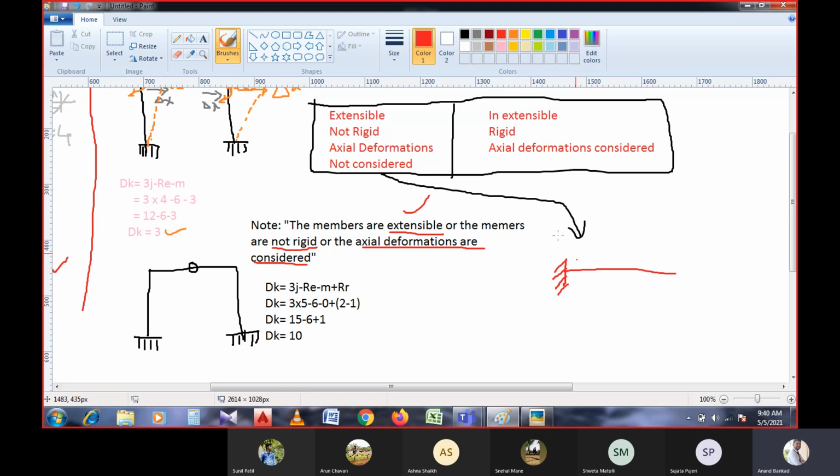If you have the condition extensible, the particular member can be extended in this manner, meaning the joint of this structure can be extensible. I hope you know the meaning of extensible and inextensible. Extensible is nothing but the member being capable of deformation in its axial direction.